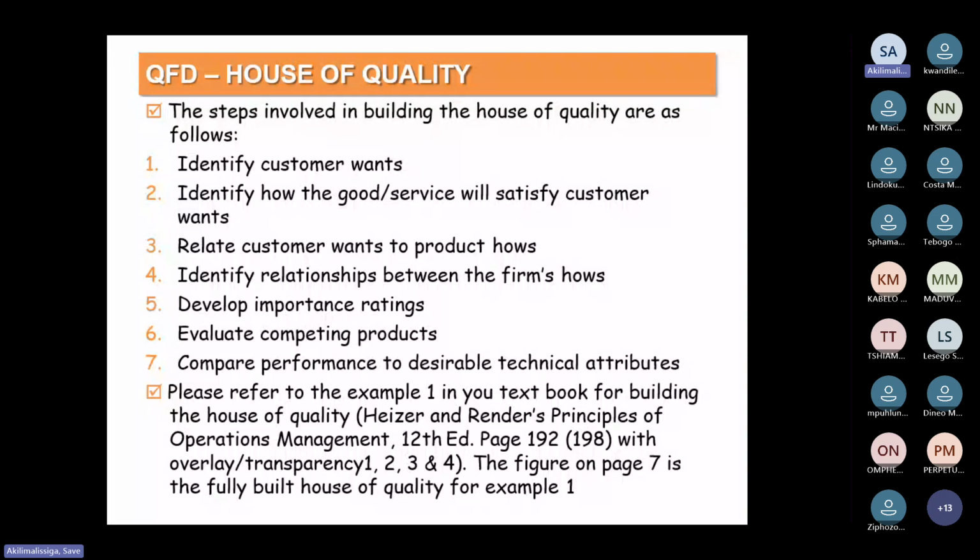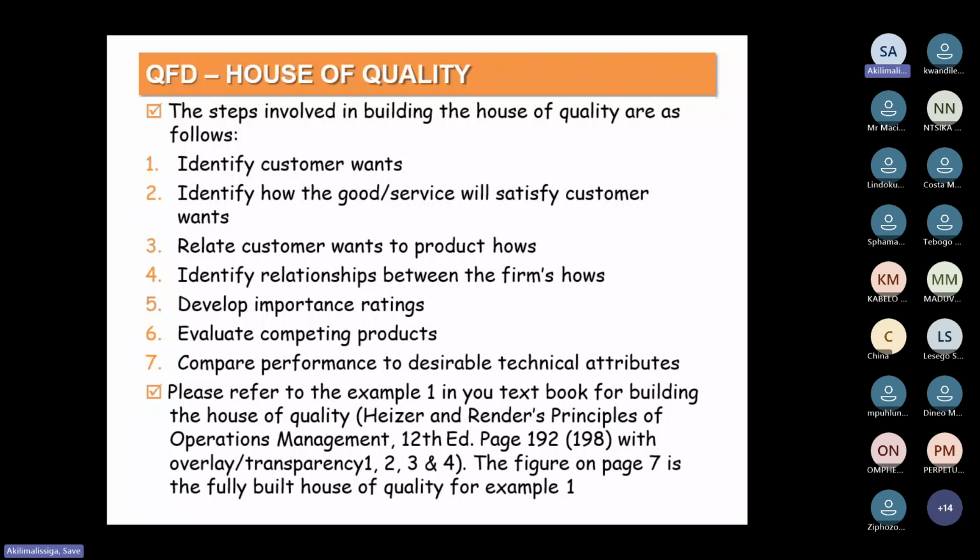Number two, identify how the goods and services will satisfy customer wants, customer needs, or customer requirements. Number three, relate customer wants to product hows. So the hows here are the attributes, or the things that a company can do in order to satisfy the customer wants. That's what we call the hows, or the product attributes. Number four, identify relationships between the hows.